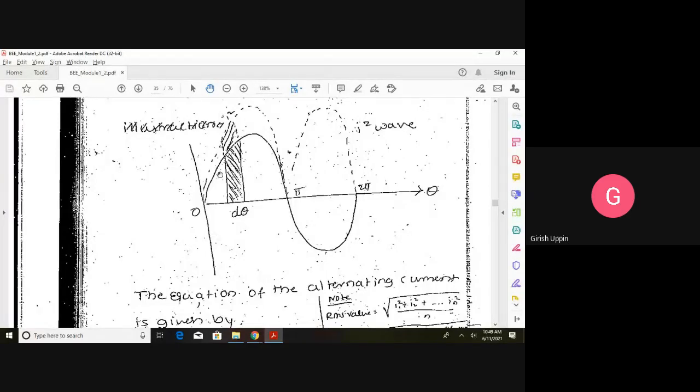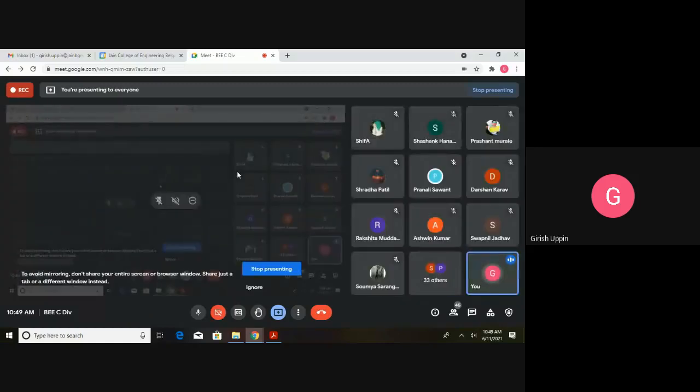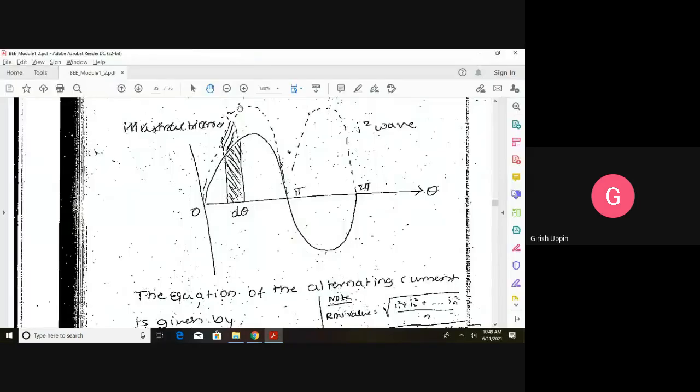The RMS value of the quantity is given as the square root of the area under the squared waveform, divided by the half cycle.